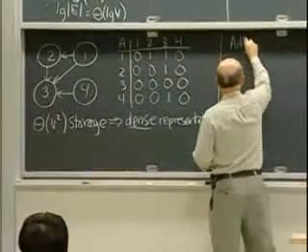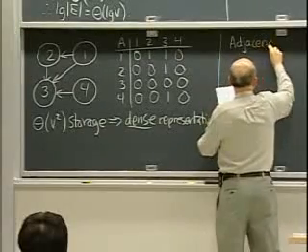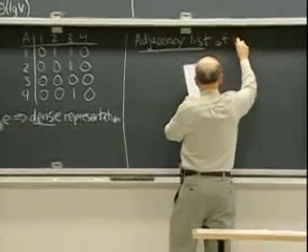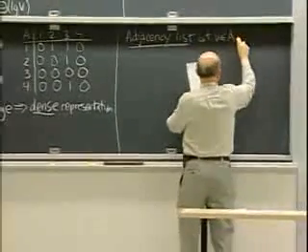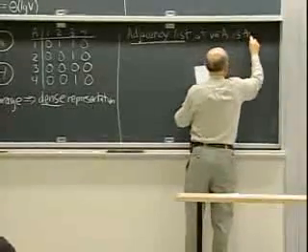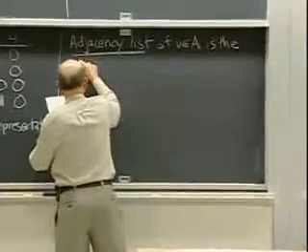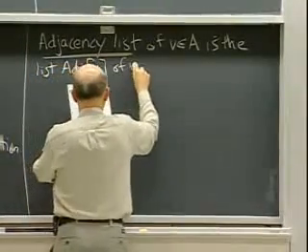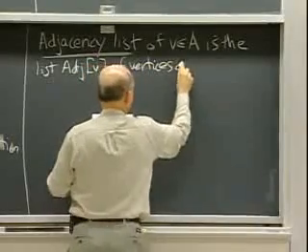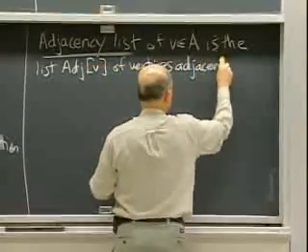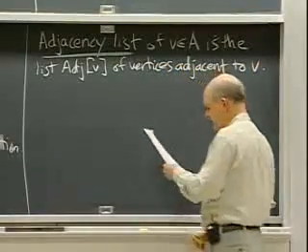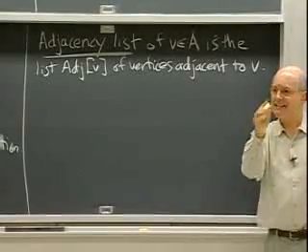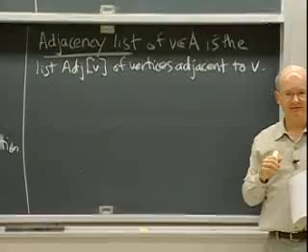So one such representation is an adjacency list representation. The adjacency list of a given vertex is the list, which we denote by Adj[V], of vertices adjacent to V. In terms of terminology, vertices are adjacent, but edges are incident on vertices.